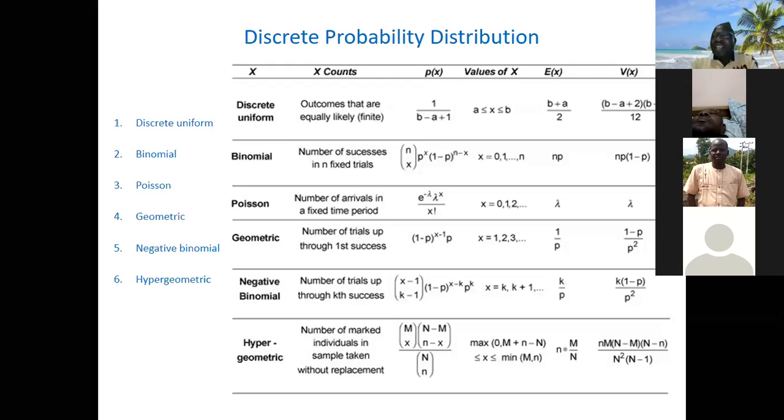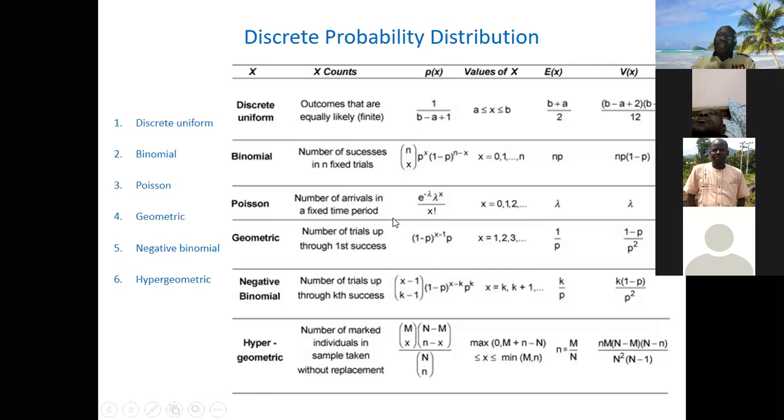So the success here is the diabetic, the failure is the rest. If you divide the outcome into two, the desired outcome you are looking for is the success, and anything outside the desired outcome is failure. That is why in binomial there are two possible outcomes, success or failure. But one thing you should know that makes it differ from other discrete probability distributions is that the number of trials is fixed. Okay, the next one is Poisson, the number of arrivals in a fixed time period.